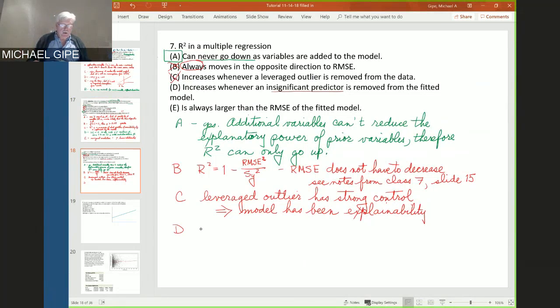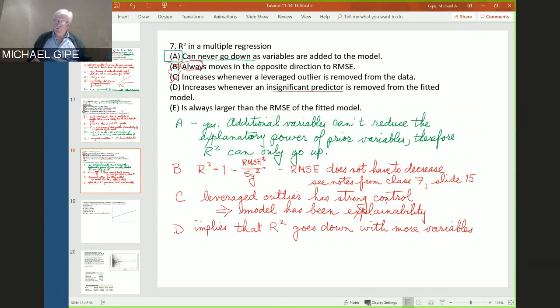So this would imply that R squared goes down with more variables.